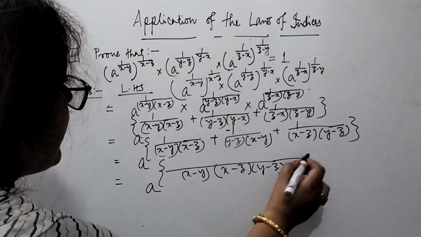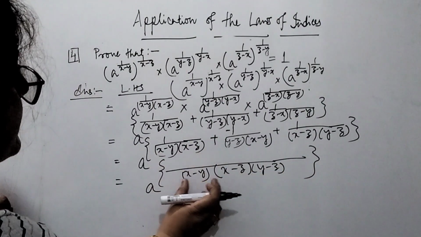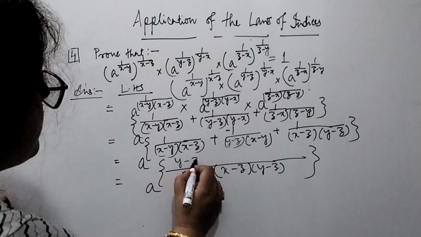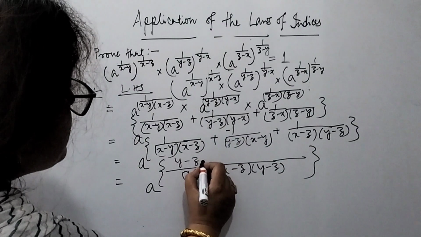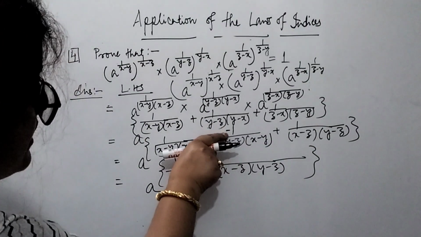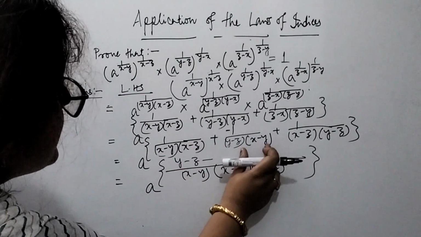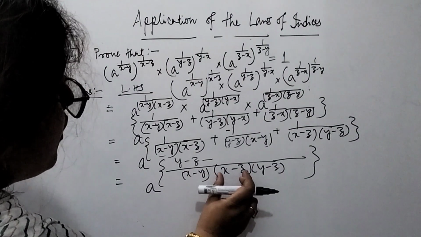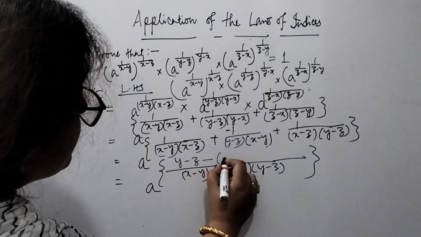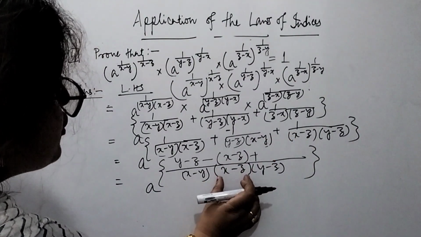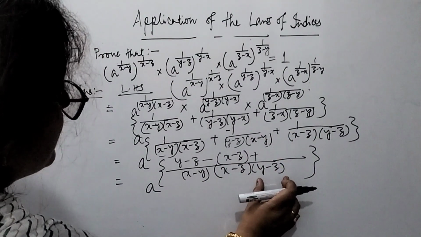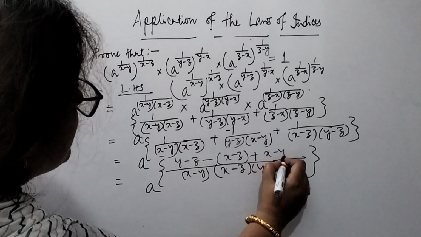Now from the first term we get (x minus y)(x minus z), so y minus z will be written in the numerator, as you know the rule of finding LCM of fractions. The second is minus, because minus 1 was there in the numerator, and y minus z, x minus y were there, so this is x minus z. Plus, x minus z, y minus z are there, so this will be x minus y in the numerator.